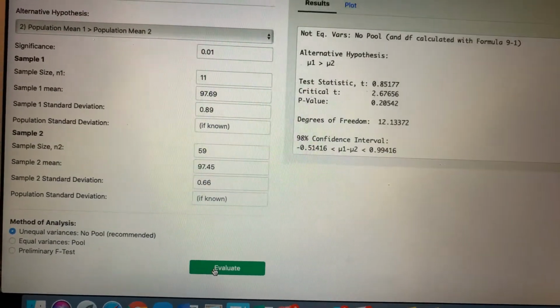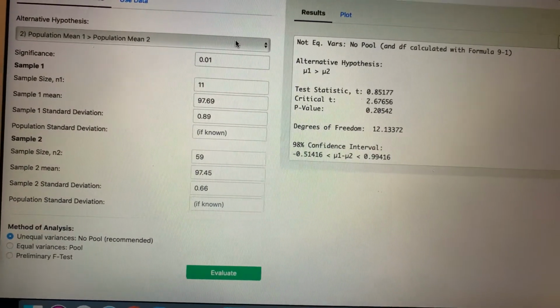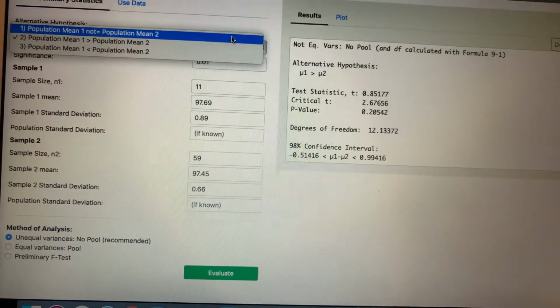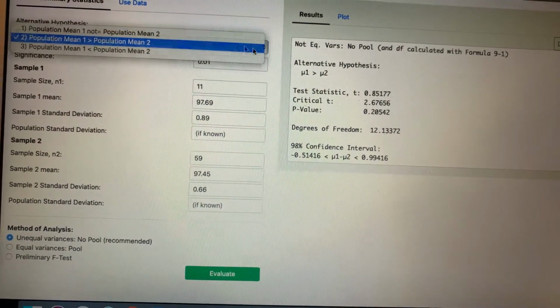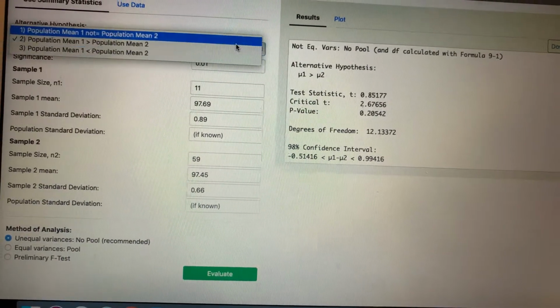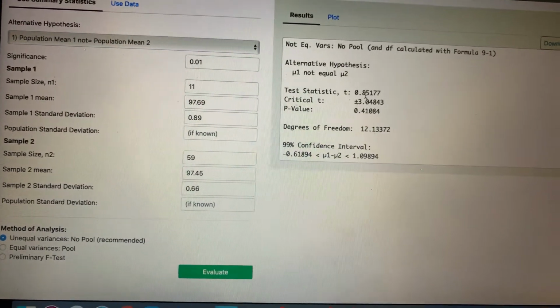Now we click Evaluate. Okay, now if you didn't change your alternative hypothesis here, if you left it as this population mean 1 not equal to, let's see, right now our test statistic is 0.85. If I change it to the wrong alternative hypothesis, I get the same test statistic.